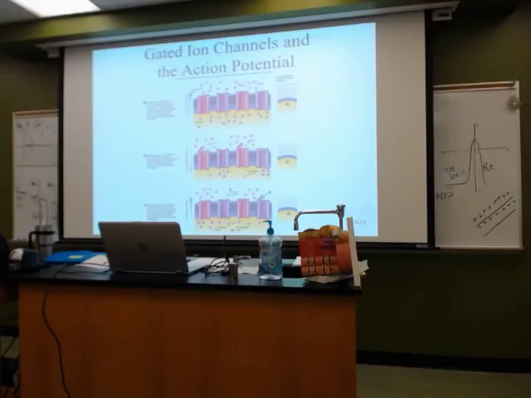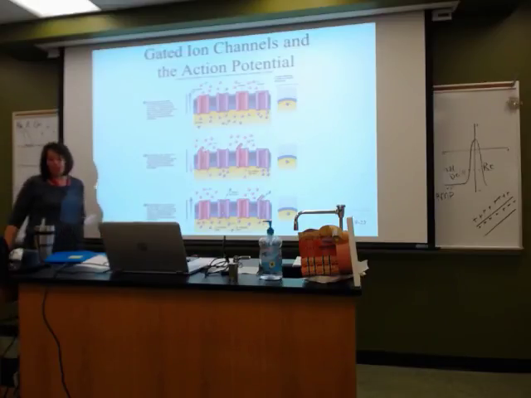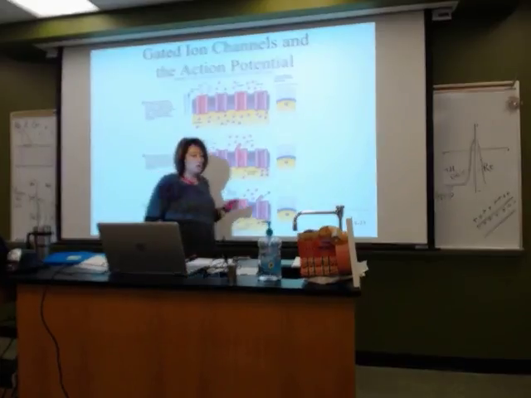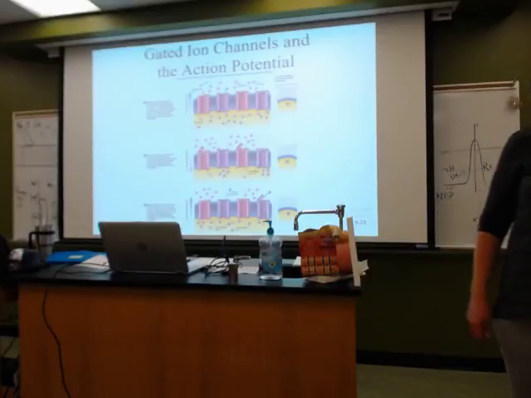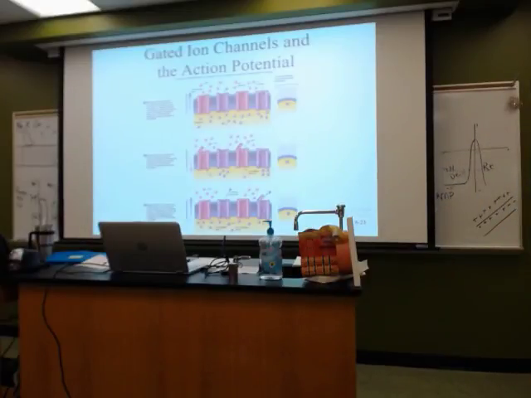So we're going to be dependent on our gated channels. Okay? So now, when we have the action potential arrive at the point where the nerve and the muscle meet, we're going to find in that area ligand-gated channels.